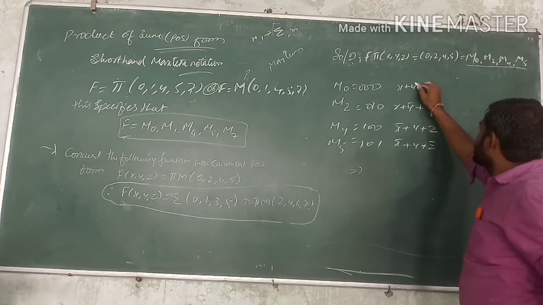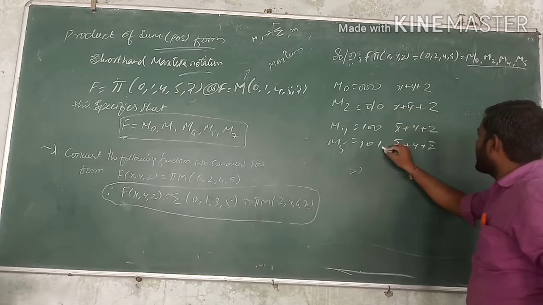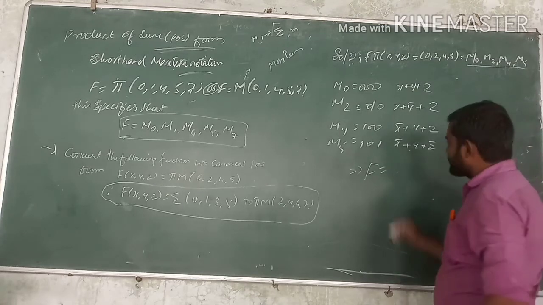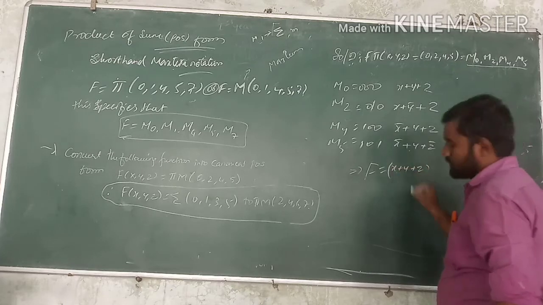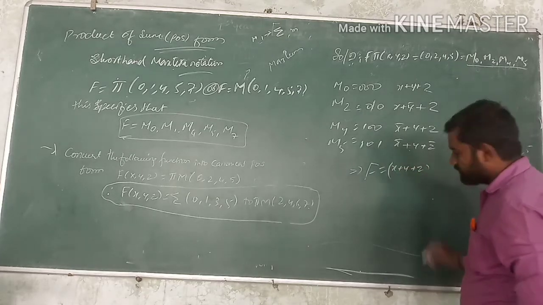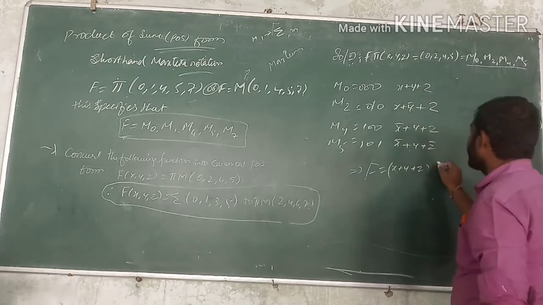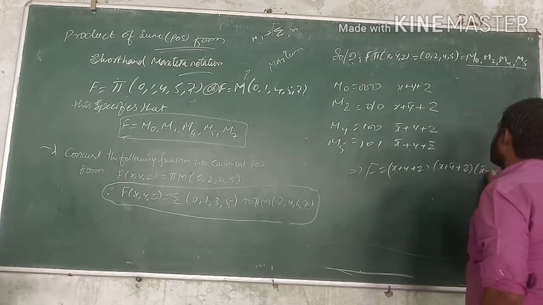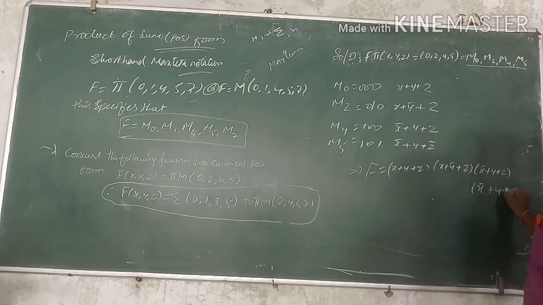So we write x plus y plus z, x plus y complement plus z, x complement plus y plus z complement, and so on.